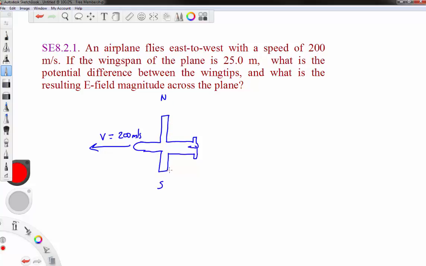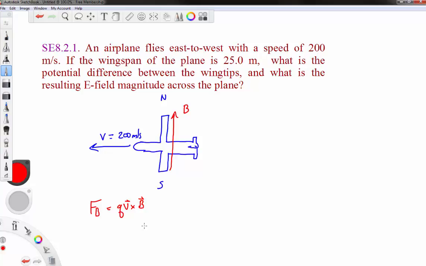So the magnetic field line might look like this, B, and here's V. If that's true, then the force F sub B is Q V cross B, and that basically means that the charges are not moving to the two wingtips, but in fact to the top and bottom of the wing. Okay, but that's basically the case if you're flying near the equator.